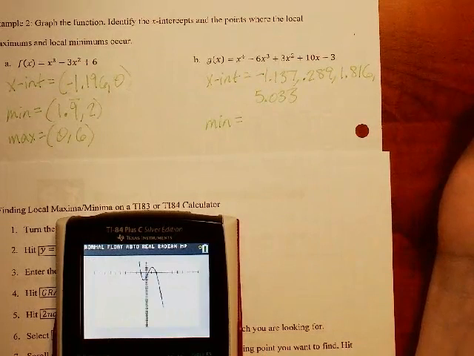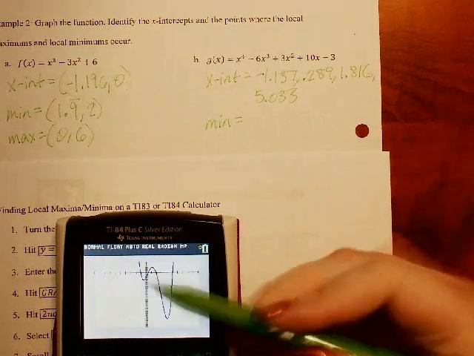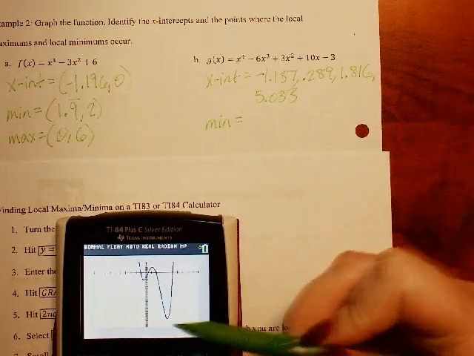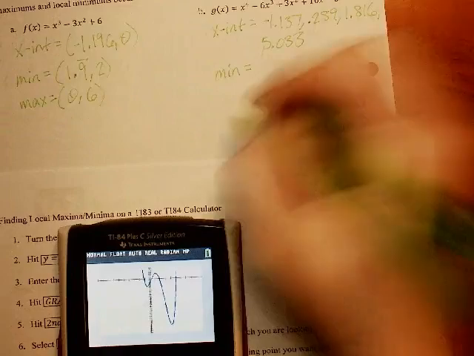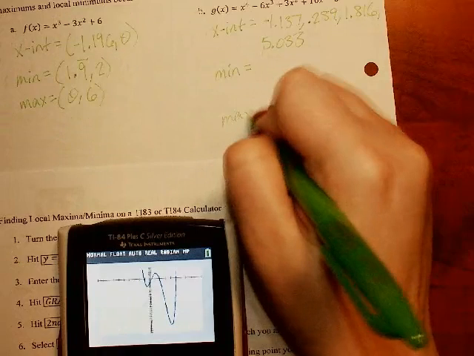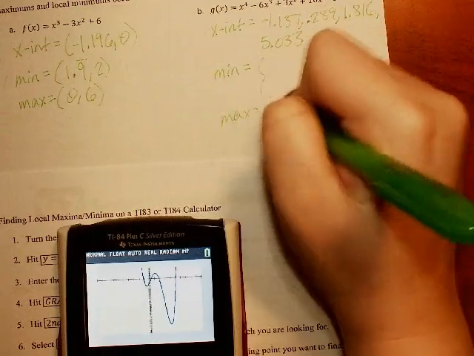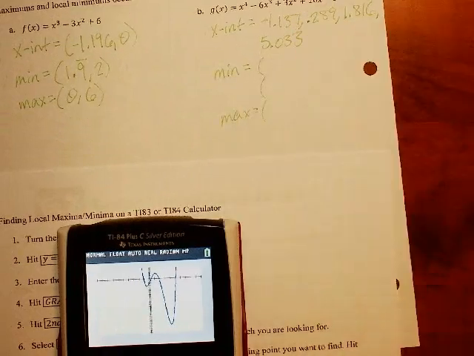There we go. So I have a minimum, a maximum, and then another minimum. So I'm going to have 2 minimums and 1 maximum.